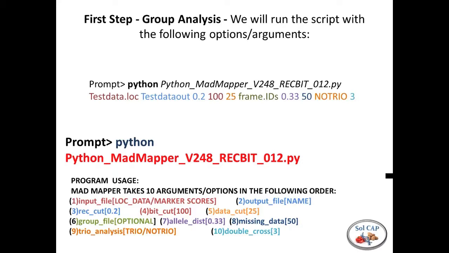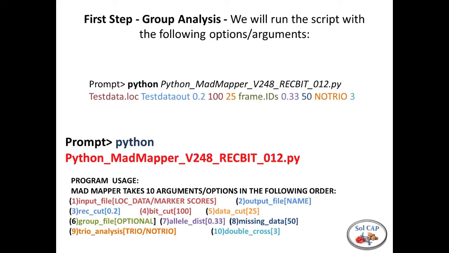So this is what's called a data cut. This is the minimum number of observations that the program will use between two markers for them to be included in the group. Okay, so you have to have 25 markers that you have data on for that marker to be included in the group, basically.